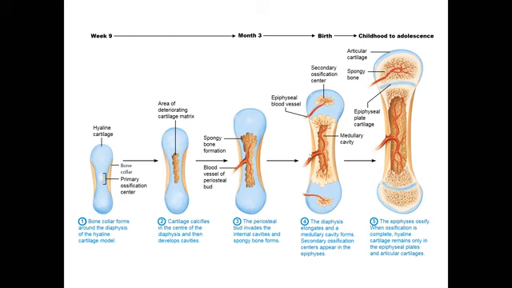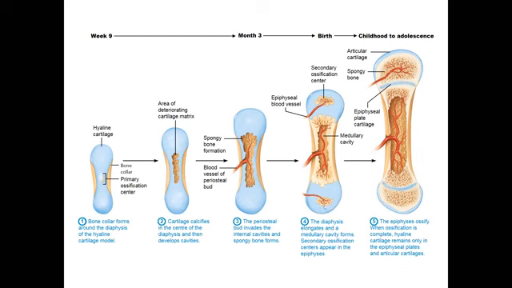The outside, the more compact bone, also gets thicker, and eventually, just before birth, we have a secondary ossification center popping up in the epiphyseal areas.